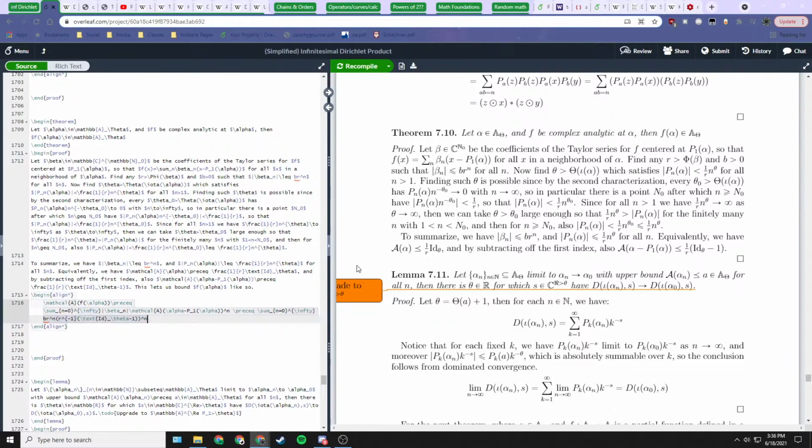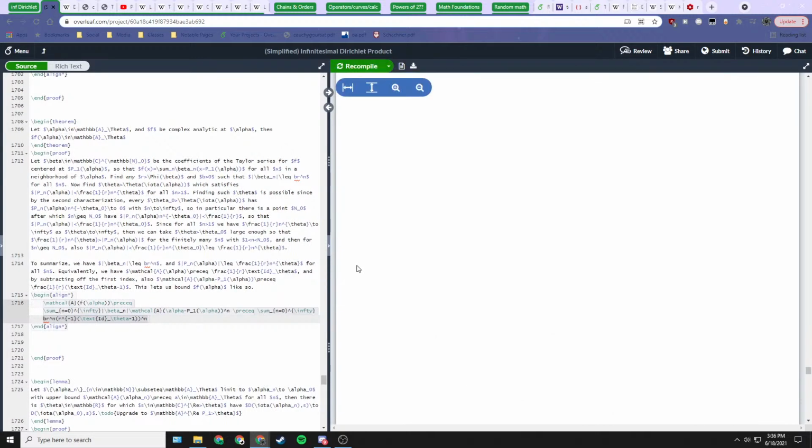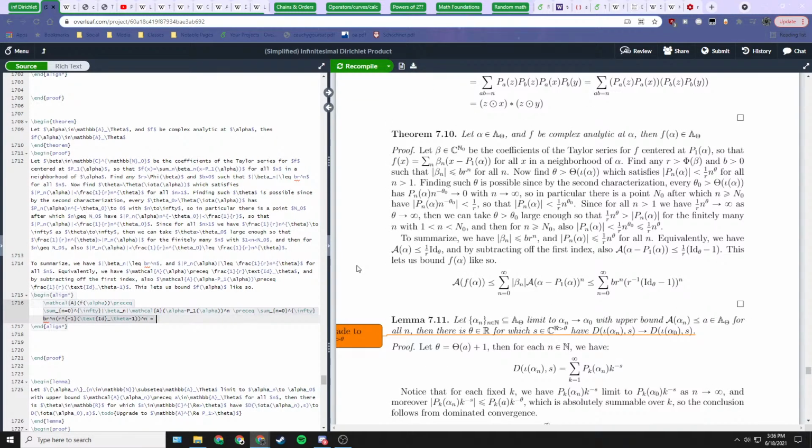Instead of doing 1 over r, we can just do r inverse. Then we extract out this b, cancel out the r's, and we just have id sub theta minus 1 to the power n.